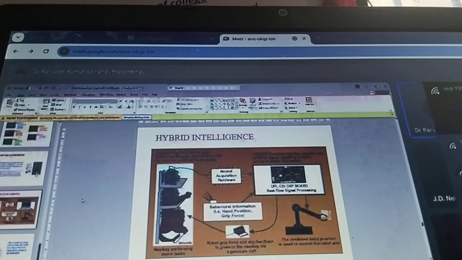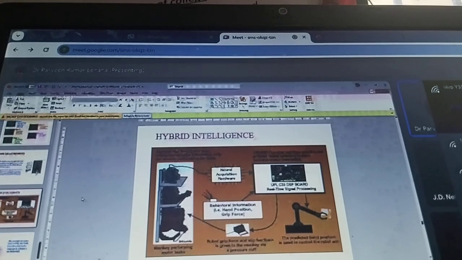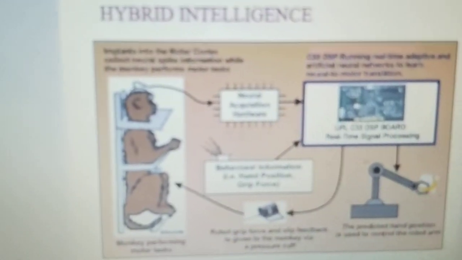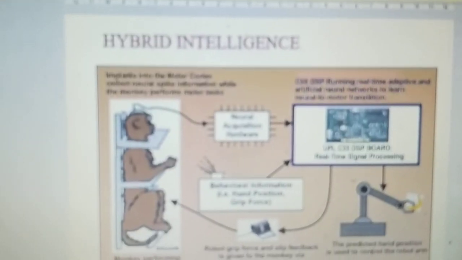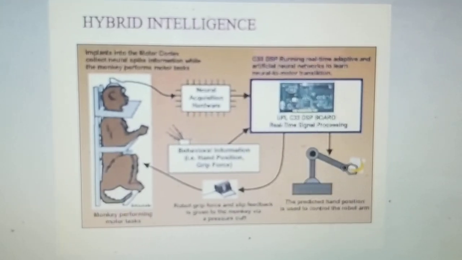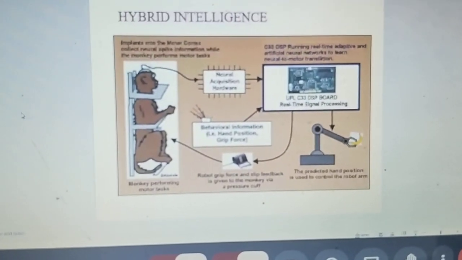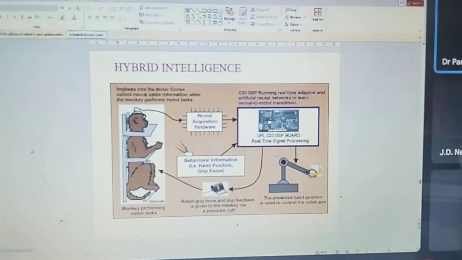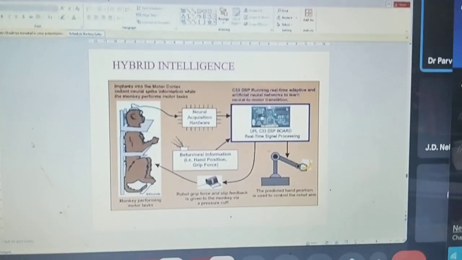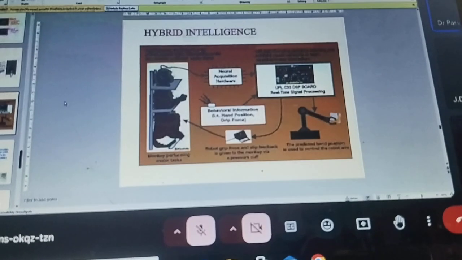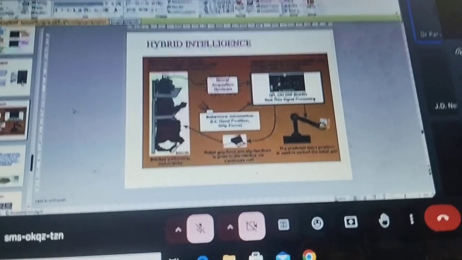And in future, we will be able to use both types of capabilities within the machine. Both types of capability means we will be able to develop hybrid intelligence. Hybrid intelligence means we will be able to take advantage of the capabilities of some particular animal and mix those with the capabilities of the machines, that is, of the processors.